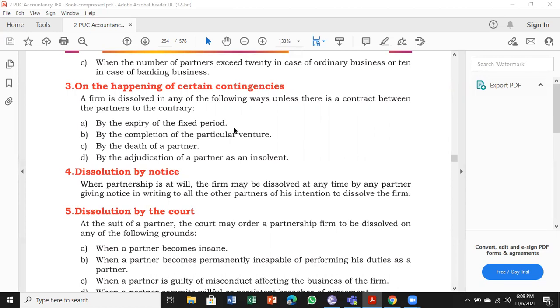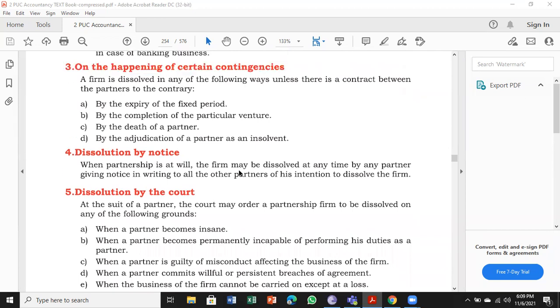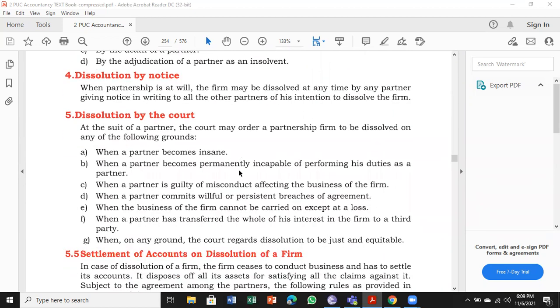Once they complete a particular big project, which they may take for 5 years or 10 years, they will close the business and enter a new agreement, new partnership with somebody else. Then, the partners become insolvent, then business may be closed.